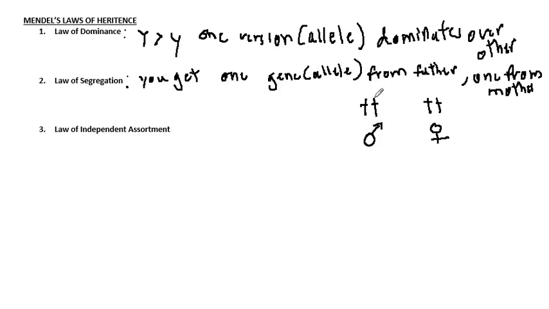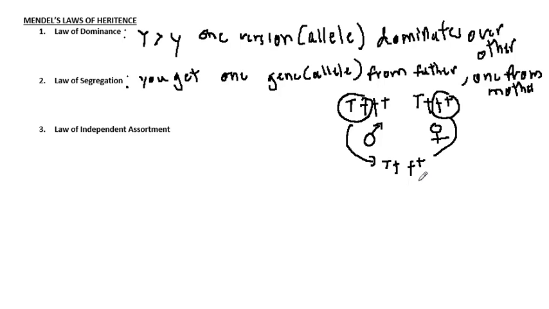You're going to get one of these. You're going to get one of these. And it's a 50-50 chance, but you can only get one. So let's take this one. You only get one, notice. And let's take this one. You only get one. So you will have two alleles, one from the mom, one from the father. But it's chance which one you get. You get one from each of your mom and father.